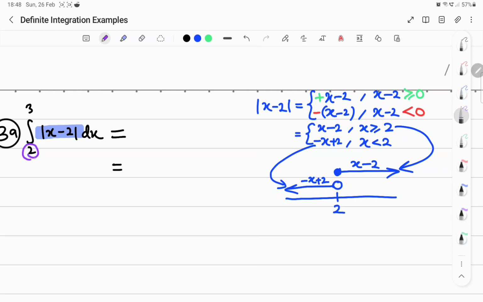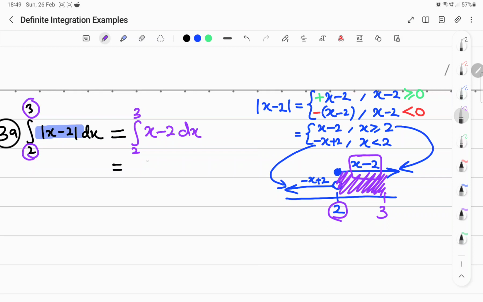We want to integrate from 2 until 3. So we have 2 over here and 3 is on the right-hand side of 2. Therefore, the integration from 2 to 3 is like this. As we can see, my shading touches this arrow, and this arrow belongs to this function. So the integration from 2 to 3 of this modulus is equal to this one.